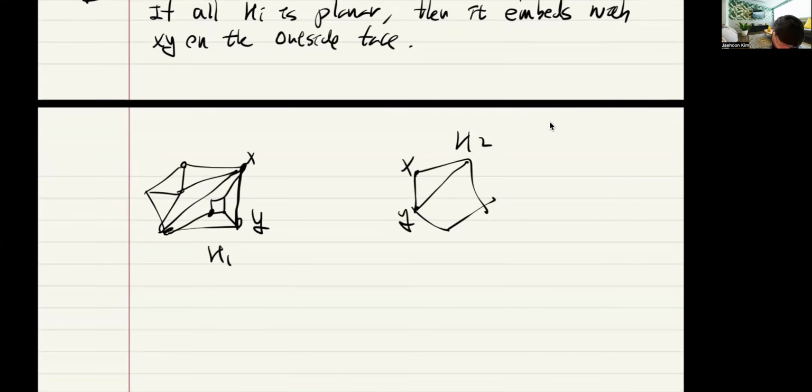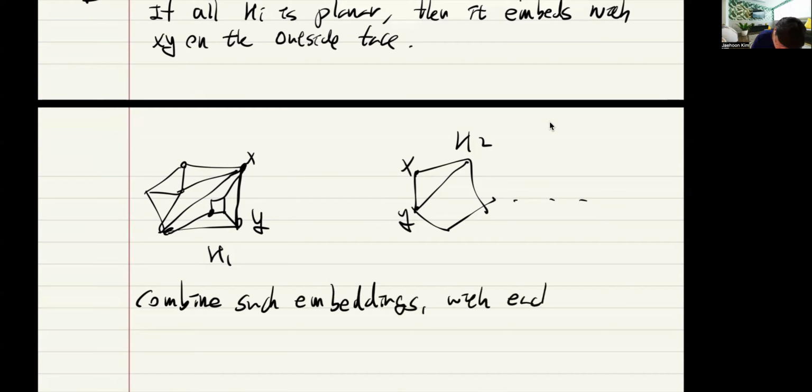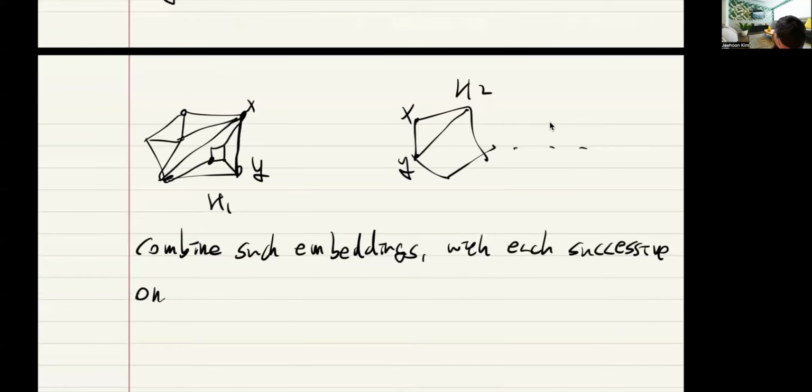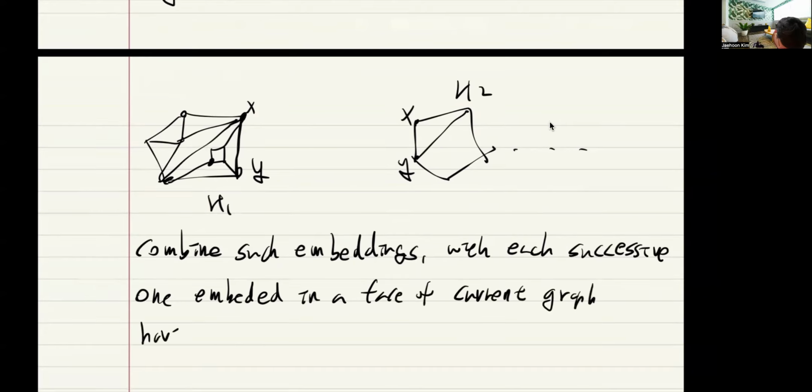And when we have many of these, we can combine such embeddings, with its successive one embedded in a face of the current graph having xy on the boundary.